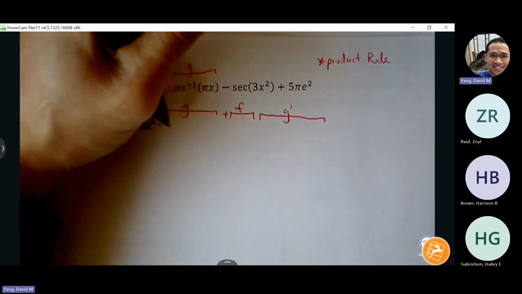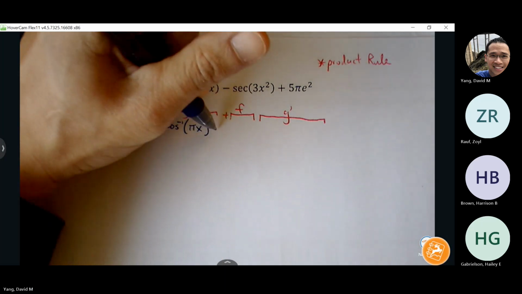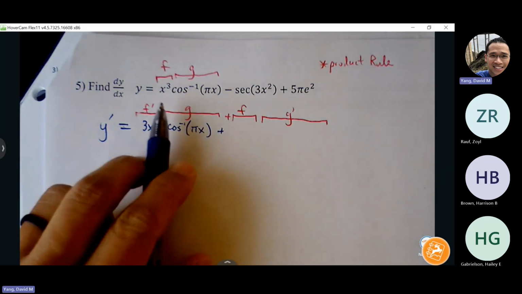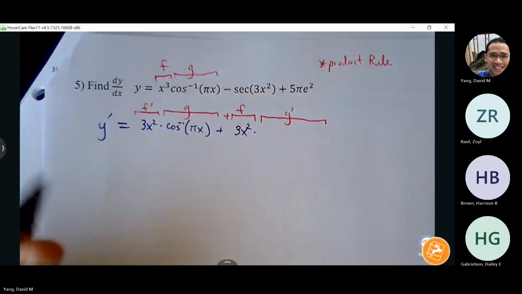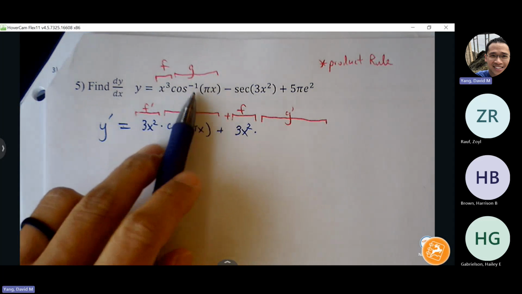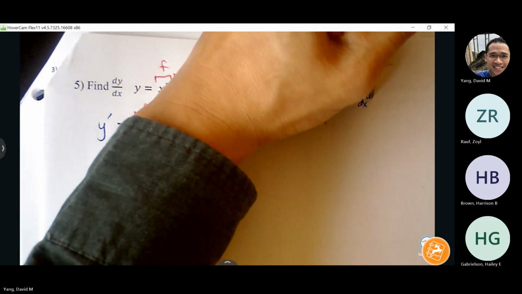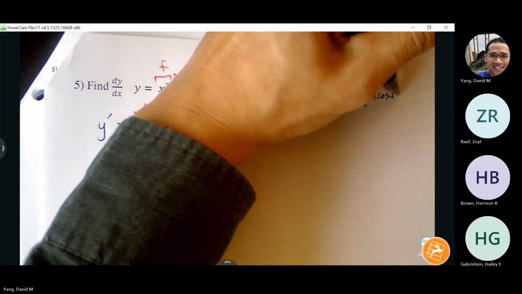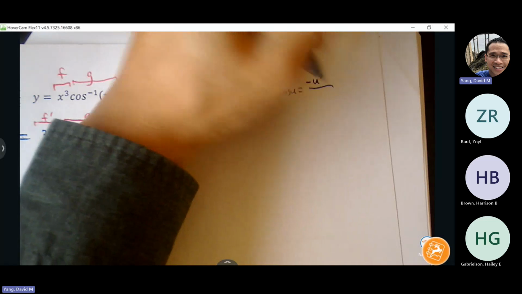G function, the original, inverse cosine. Back to f. G prime, inverse cosine becomes, we know the derivative for inverse cosine looks a lot like arc sine. U prime up top with a negative, and then square root of 1 minus u squared.